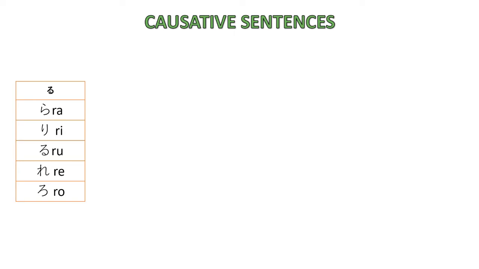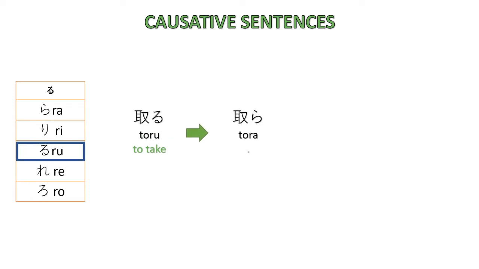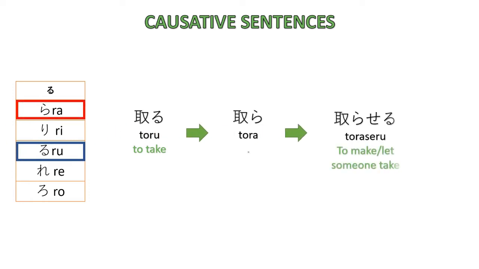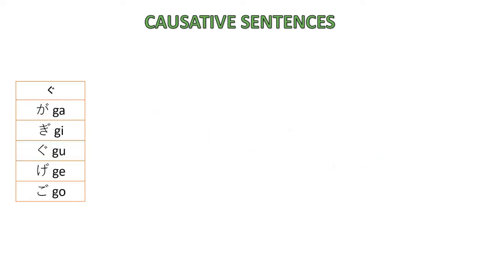For u verbs that are ending in ru, like toru. So toru is not a ru verb, it's an u verb. So toru becomes tora. And then add seru, toraseru, to make or let someone take. For verbs ending in gu, like isogu, to hurry.